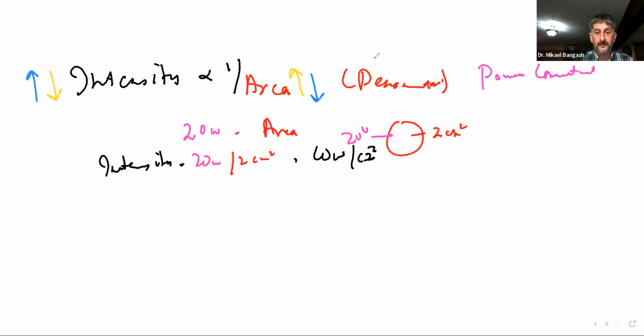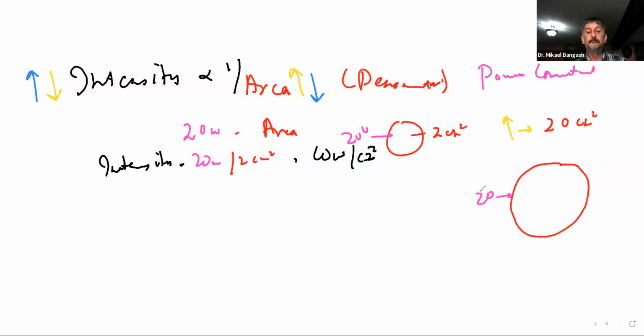Now what we may do is increase the area. Let's say we increase the area of the circle from 2 centimeters squared to 20 centimeters squared. So now we have a bigger area in which we distribute the same amount of energy, 20 watts.